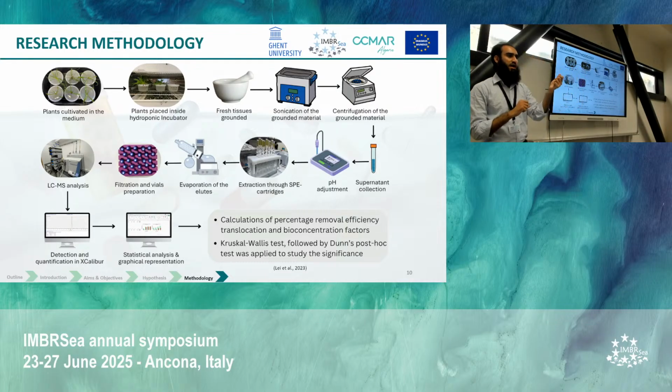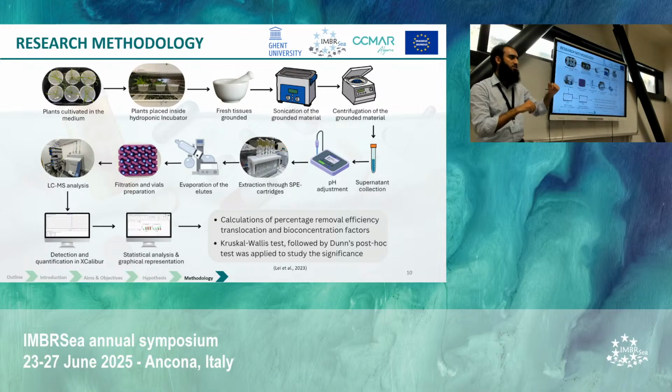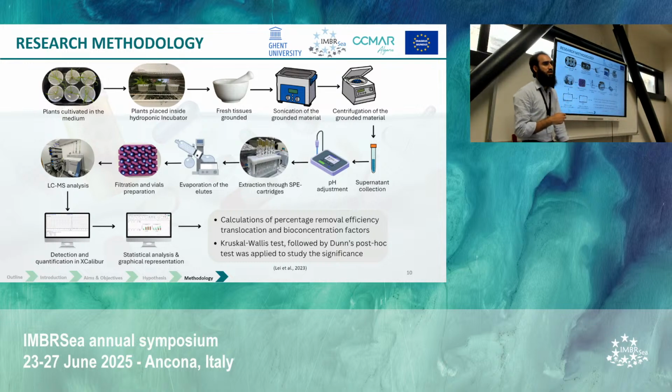They have a solid powder which can extract these contaminants inside it, and then we wash it out and elute. After taking the eluate, I evaporated it until dryness, and then reconstituted it with acetonitrile and prepared the vials for the LCMS analysis.